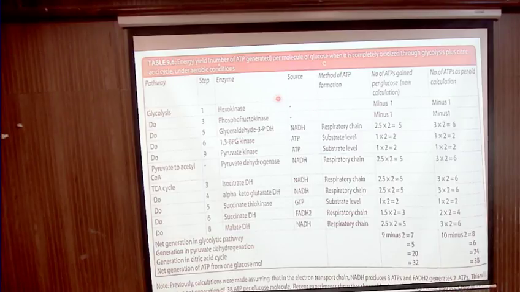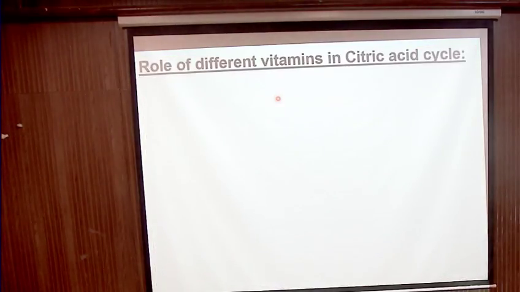We can't leave a TCA cycle just by saying it is just producing energy or ATPs. That's not the only reason a TCA cycle is happening. It's a step where from different metabolic pathways we get closer to the combined pathway, or maybe a central piece of that pathway, and we'll talk about that in amphibolic role.